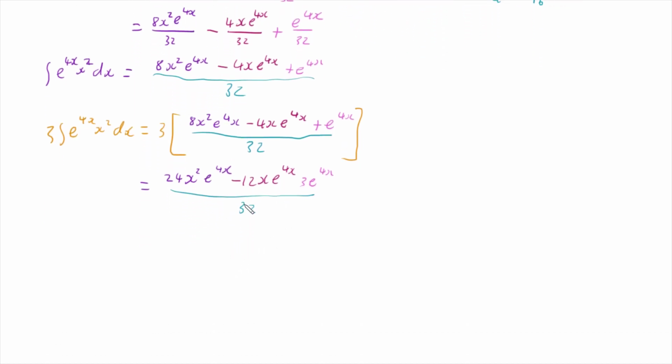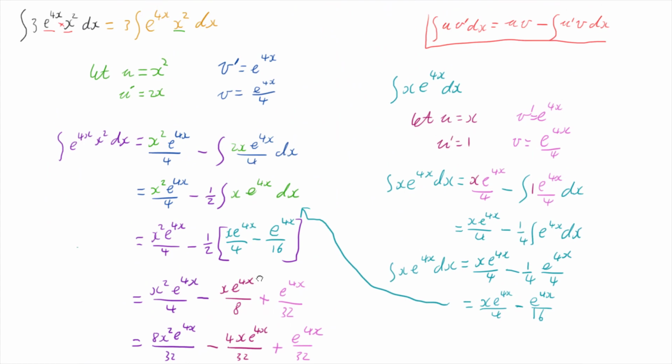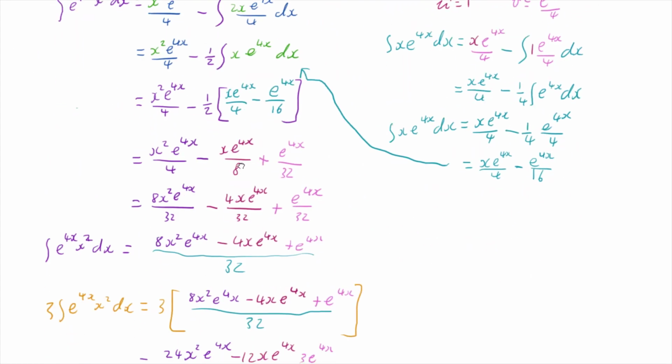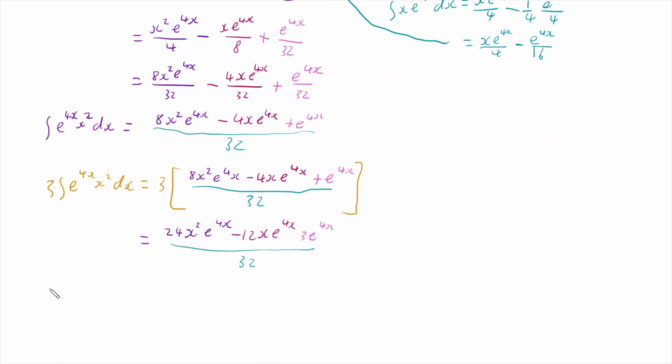And so now I've basically got my answer. So I started off with this integral, so I'll write my answer in terms of this integral. I've got the integral of 3 e to the 4x x squared dx. And I'm going to do one last tidying up step while I do this. I'm going to factorize out this e to the 4x. So I'm going to have bracket. Focus on just the x parts and ignore the e to the 4x's for now.